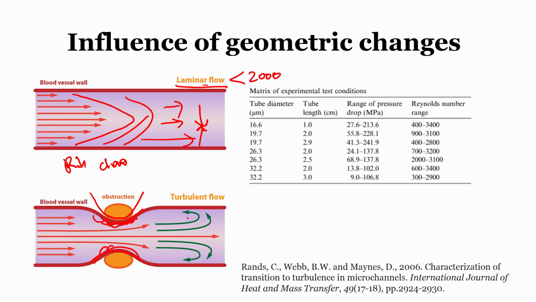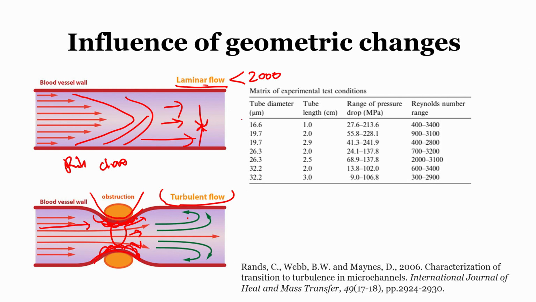Inside the vessel there could be a formation of inflammation, because of which again the reduced diameter here can cause turbulence. That is, when the fluid is flowing consistently here, but because of this sudden reduction in the radius, it gains additional velocity here, and then it transits to a turbulent flow.